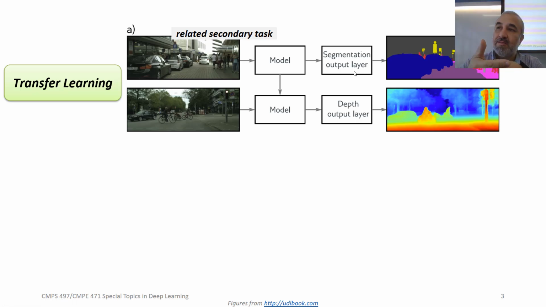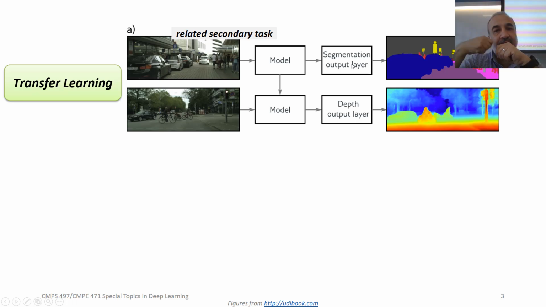After we build that model, for which we have lots of labeled data, we use the same model, but we continue the training on the primary task, for which we have very little labeled data.